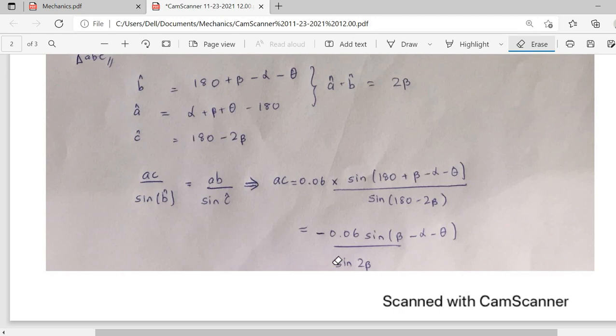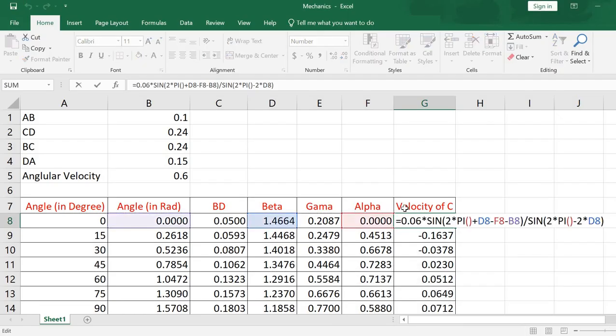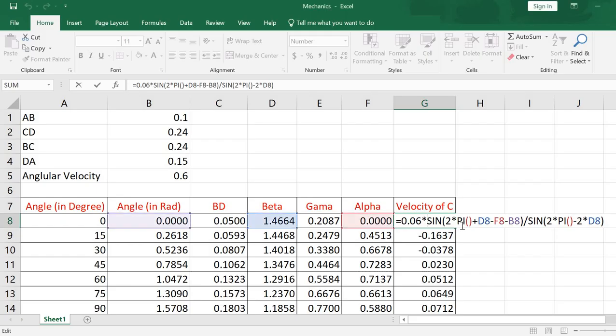So I'm going to directly use this equation in that Excel form. So minus 0.06. As you can already see here, I'm not using this minus sign over here because I'm not using this part. I think I'm using this one.